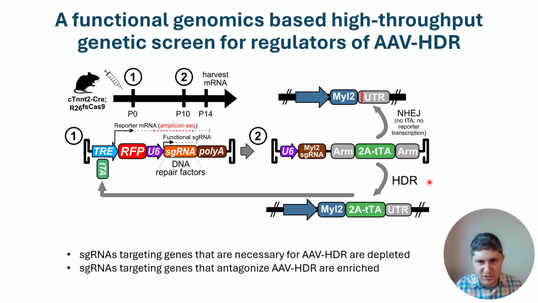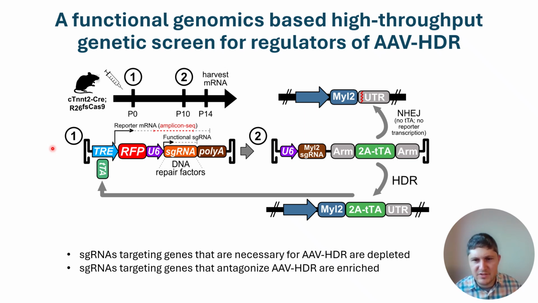However, if there's homology-directed repair, then we get insertion of TTA into the MYL2 locus, it gets expressed, and then it activates the reporter gene in such a way that we get production of these reporter gene transcripts that have a non-functional copy of the guide RNA, basically barcoded within the 3' UTR of the reporter gene.